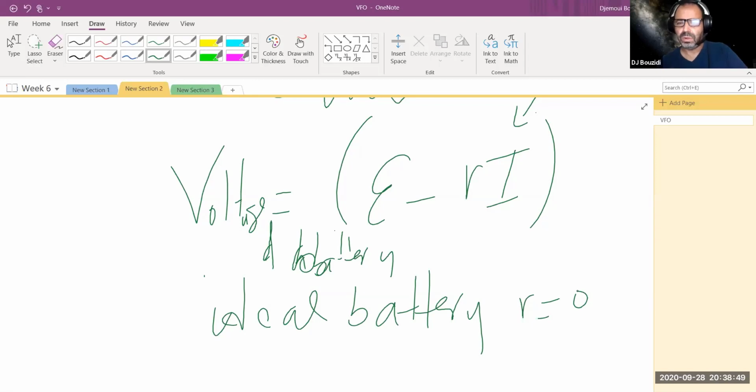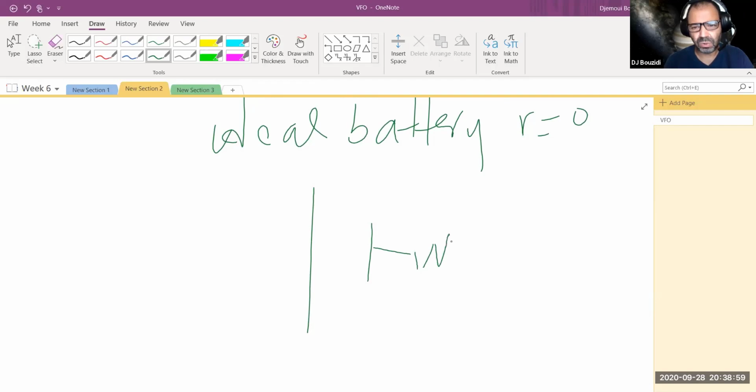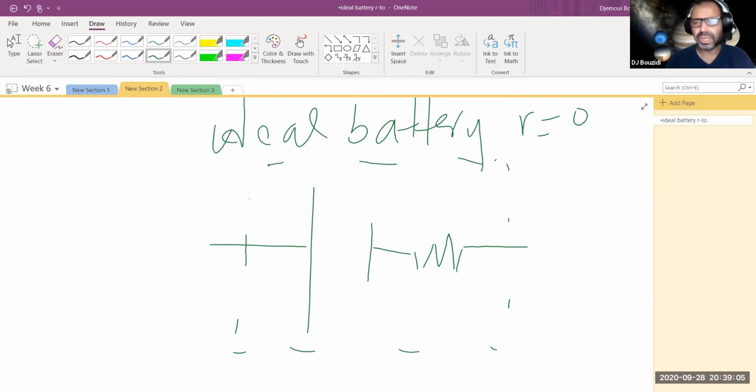This is how a more realistic battery looks: you have the battery itself plus its own internal resistor, and you put the whole thing in a box. So this is the EMF, and this is R, the internal resistor of the battery. It's in series with the battery, so whatever resistance you have connected to it adds to the battery's.